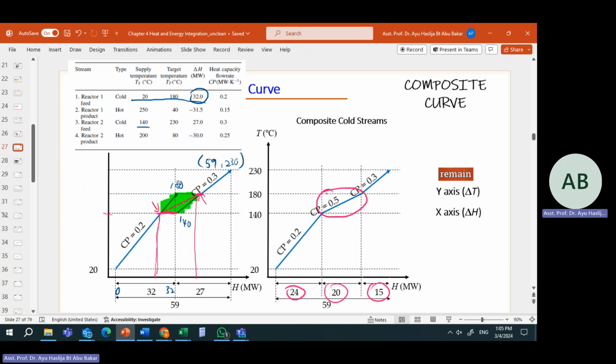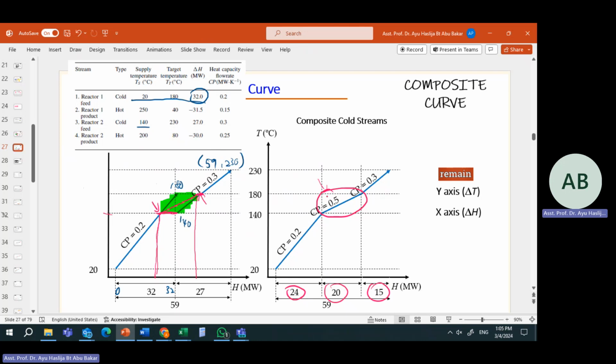How do you get CP 0.5 over here? Combine the two, because we combine the streams now.